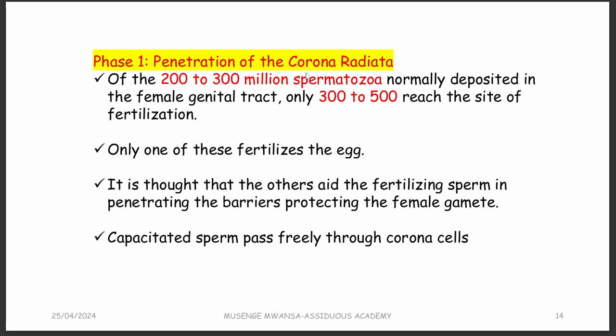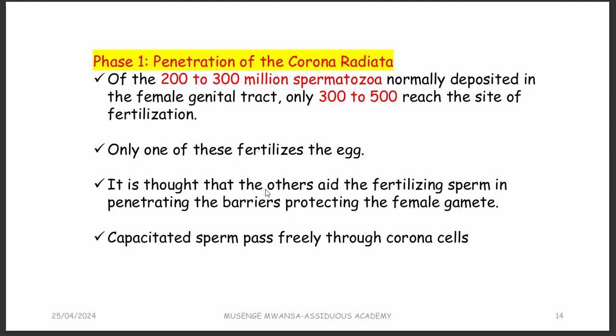So in phase 1, the penetration of the corona radiata, 200 to 300 million spermatozoa are normally deposited in the female, but only 300 to 500 will reach the site of fertilization, because we said it's like 1% that reaches the site of fertilization. And only one of these sperm will be able to fertilize the egg.